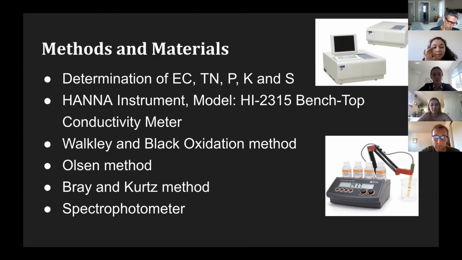The Olsen method and Bray and Kurtz method were used to determine the phosphorus level, and it depended which method you'd use based on the pH, so if the pH was less than 7 or greater than 7. And the spectrophotometer was used to measure both potassium and sulfur.